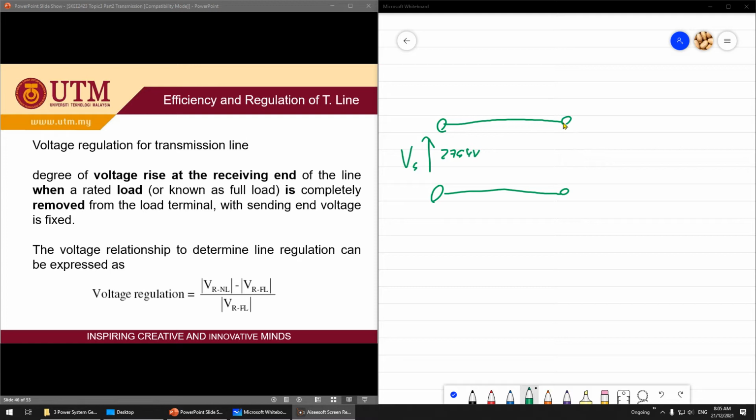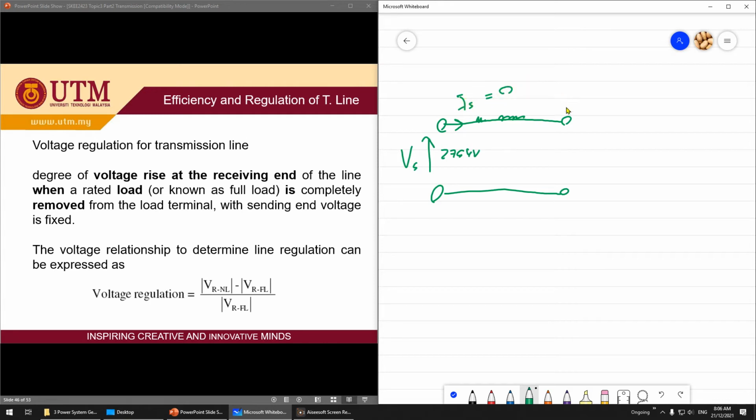Assume this is open, no load. No load is connected. You have a resistor, inductor, and the capacitor. This one is more simple because I sending is equal to 0, which means Vs is equal to VR, the receiving voltage, also 275 kV, because there is no voltage drop here.